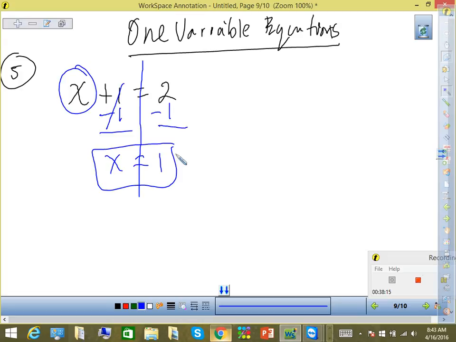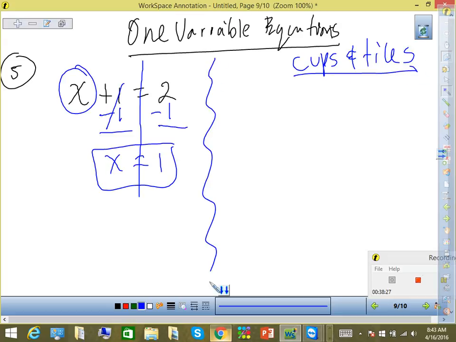Now, the reason I said it was rigorous is because now we're going to use it with cups and tiles. Well, that's fine, we're going to draw them. The reason I'm going to show you cups and tiles is that in the Smarter Balanced, they're probably going to present something with figures and integer tiles. For the variable, they're going to say, here's 1 cup.